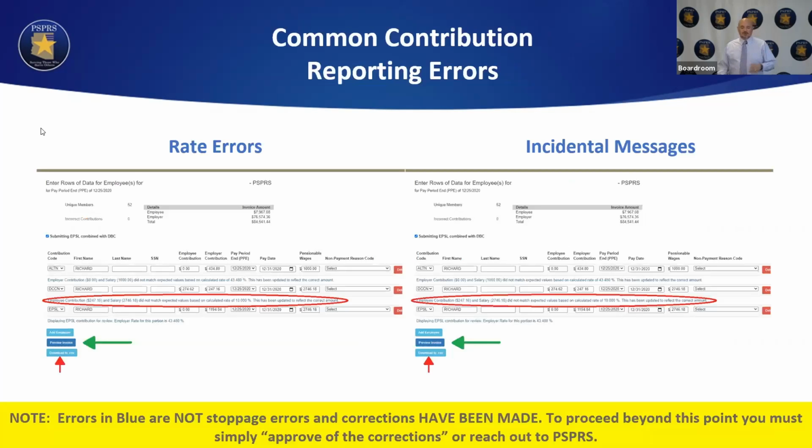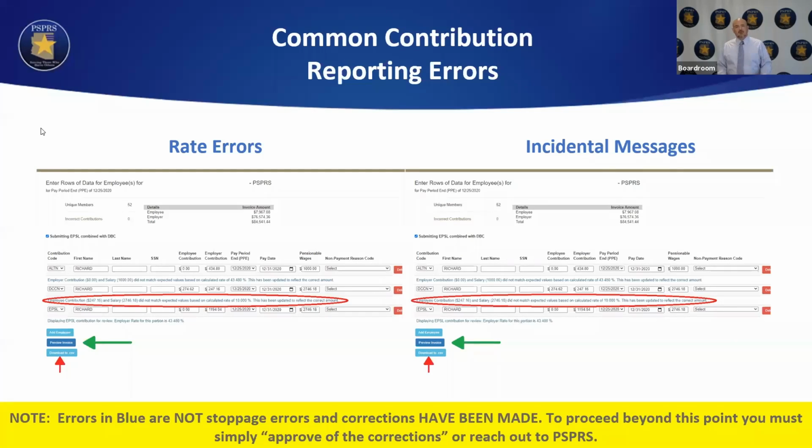We have another type of error message, and that's displayed here in blue. We use the blue messages to denote an error that has been corrected. And frankly, the only thing that's required at this point is your approval. So when you run a file, in this case, the member came up as a contribution not found and is required. I simply populated the member's pay date and his pensionable wages and hit validation again.